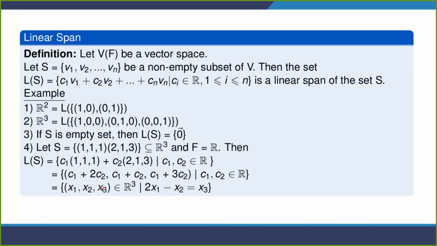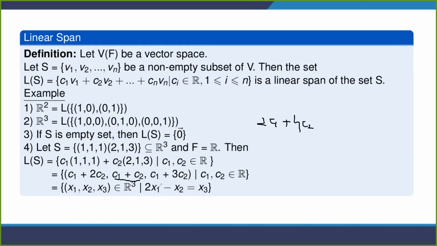This is in the format 2x1 minus x2 equals x3. Let's check: 2x1 is 2C1 plus 4C2.